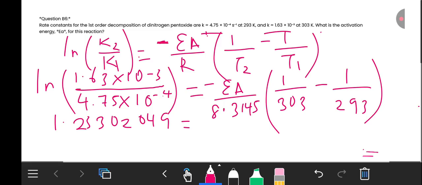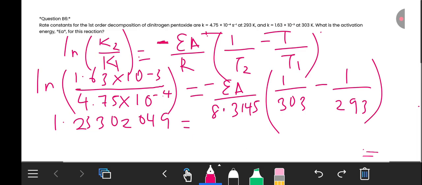That is equal to, then you can work out this by saying 1 divided by 303 minus 1 divided by 293. Then, since this is on the denominator, you divide by 8.3145.